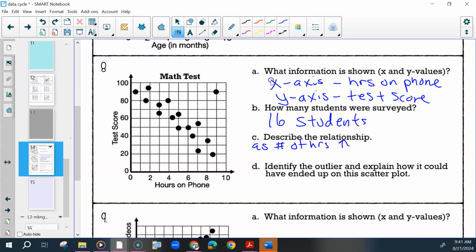I'm just going to shorthand this because I don't have a whole lot of space up here. You can fully write it, you can shorthand it, either way.